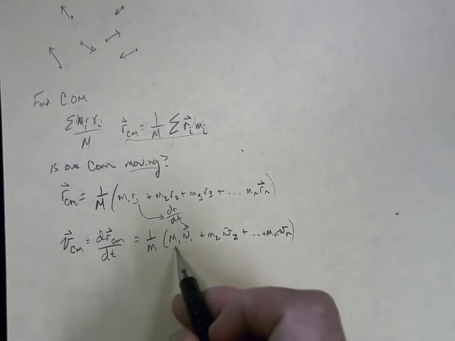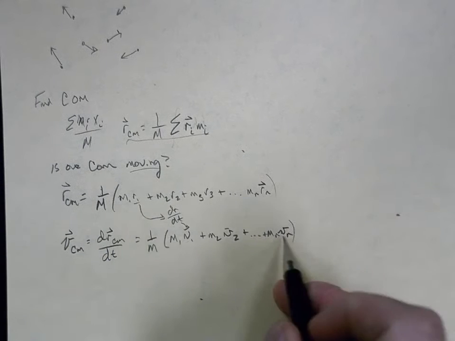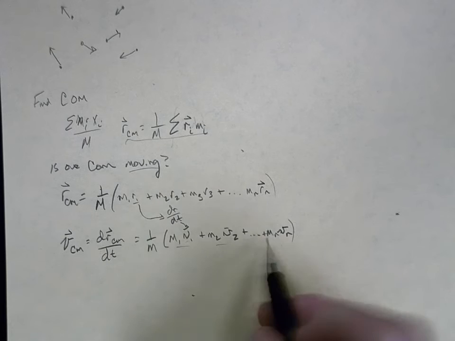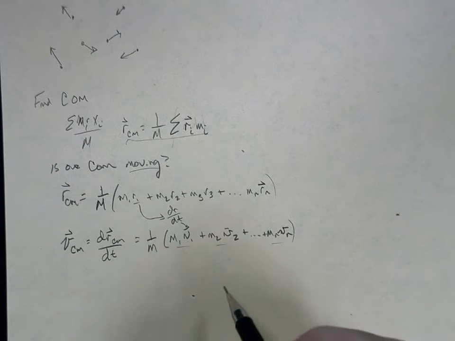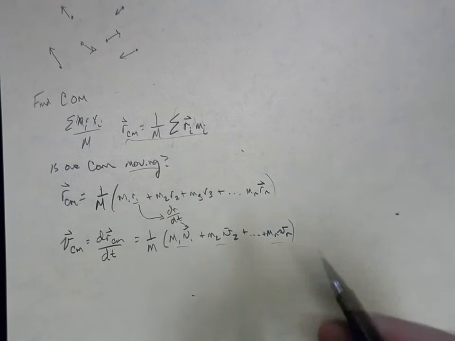But what are each of these? Well, m1 v1 and m2 v2 and m_n v_n, those are all the momenta of each individual particle.